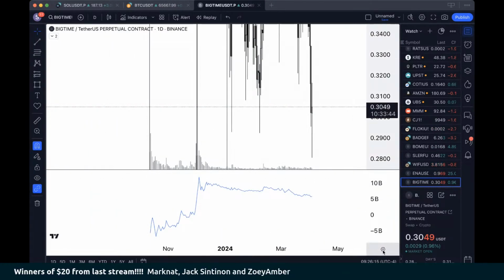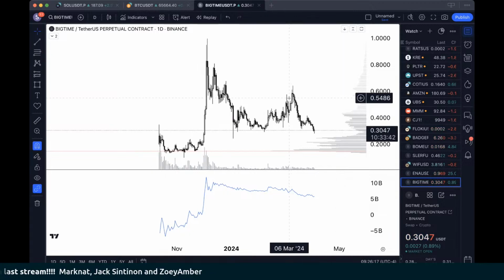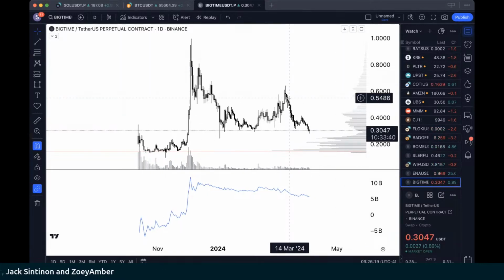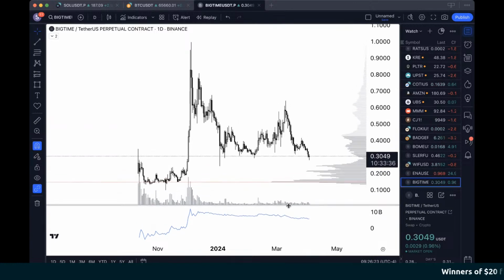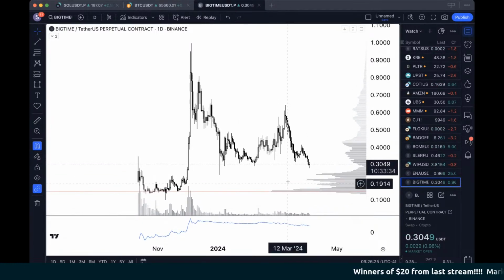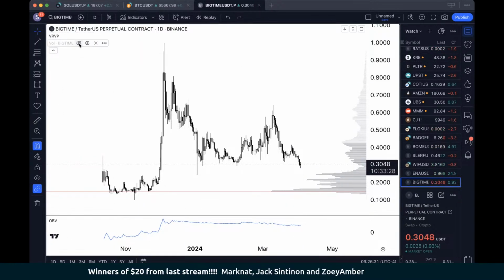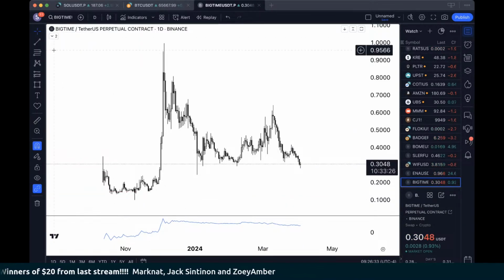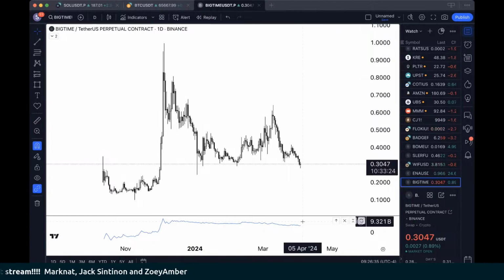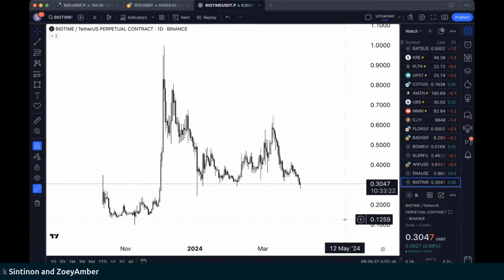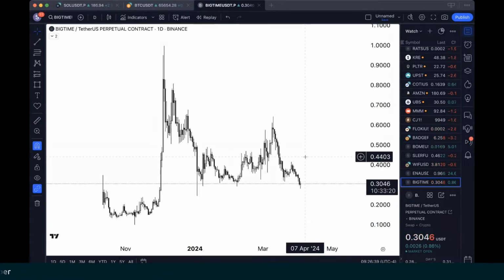You'll notice that when I get on these charts, I'm immediately going to high time frame. I never want to look at low time frame first, and I would go as far as taking some of these indicators off when you first look at it.